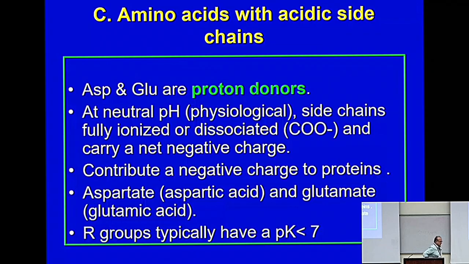The last group of amino acids are really two subgroups, but the general group is charged amino acids. That means the R chain carries a net negative or a net positive charge.